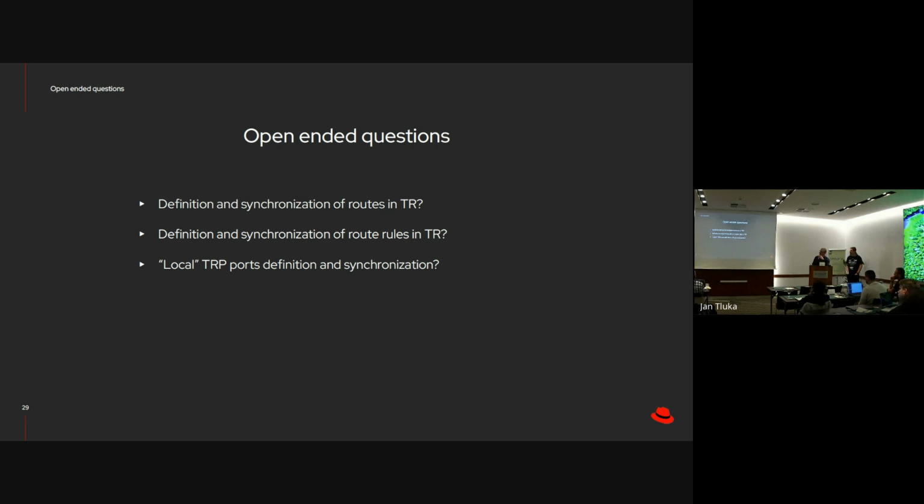We added some open questions here around routes and how they should be managed across AZs, how they should be synchronized, and if they had any suggestions around how we should implement local router ports as well.